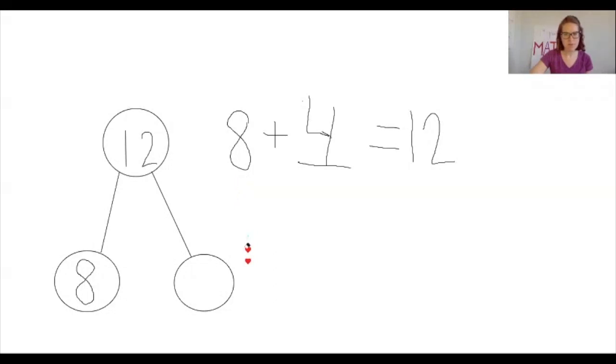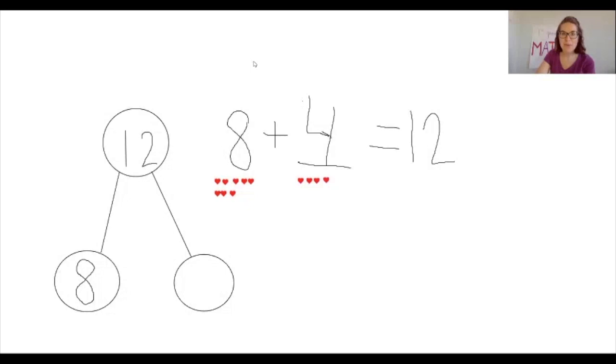Remember, we want to put them in a 10 frame. 2, 3, 4, 5 in the top. Good. 6, 7, 8. Now you can do hearts or circles, but remember, it's not art class, so it doesn't have to be perfect. And I'm going to put 4 over here.